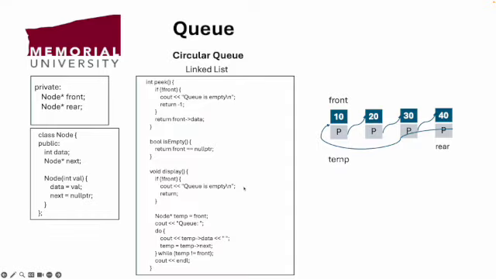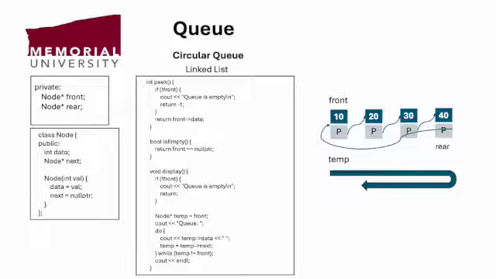Have the temporary pointer point to the front, and loop over until when? Temporary's next not equal to front. If the loop reaches the front, it means the circle is done. Okay? So here the linked list is much easier, right? Compared with the dynamic array for the circular queue. So the linked list has much more advantage for building this kind of data structure.